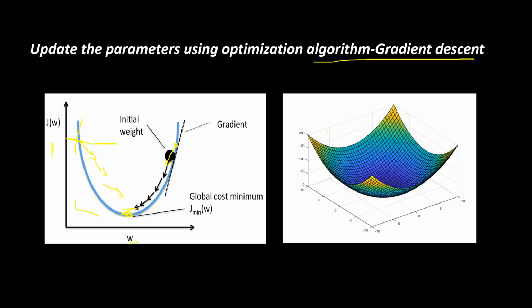In real life the weight space will be very high dimensional, so we won't get just this simple convex function. It will be some kind of structure like this. But ultimately our goal is to just move downhill wherever we are and move to the minimum position, and this algorithm helps to do that.